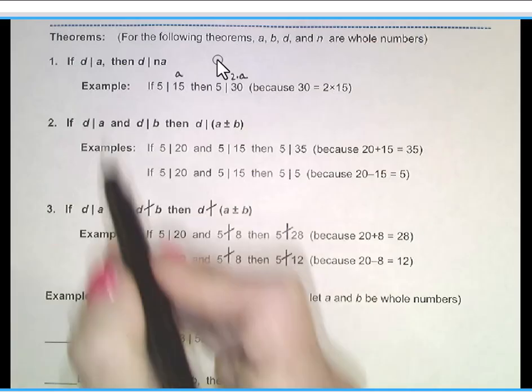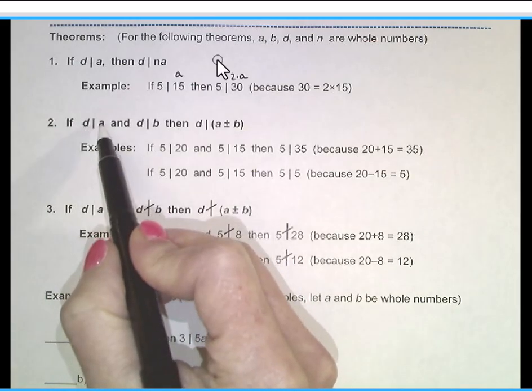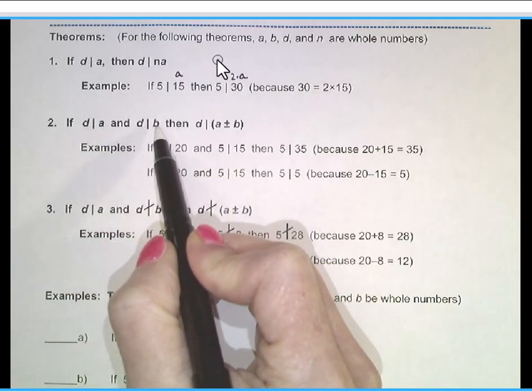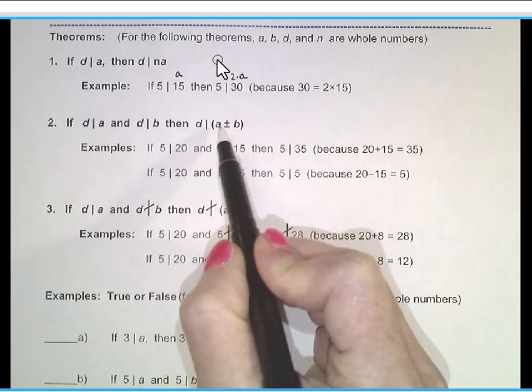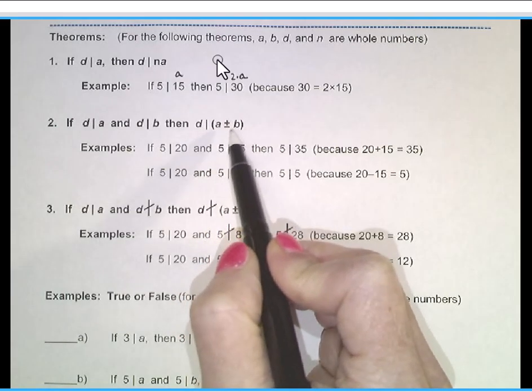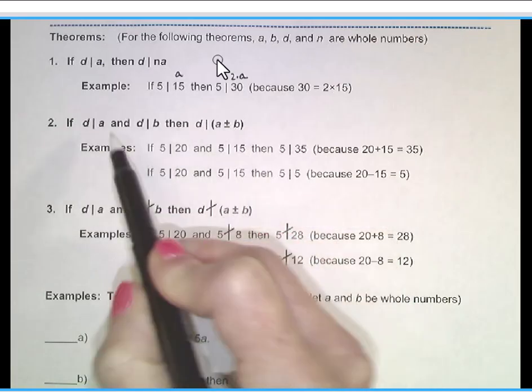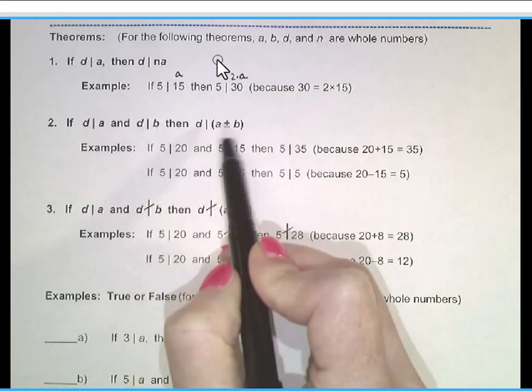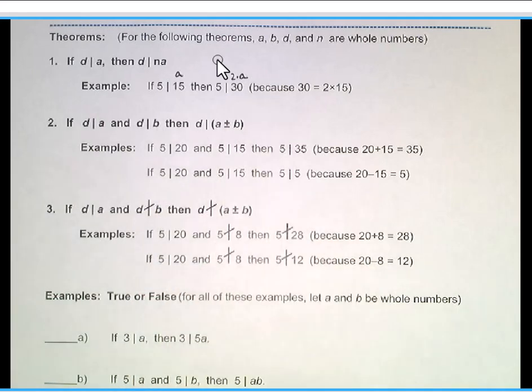Theorem 2 says if D divides A and D divides B, then automatically D will divide the sum of A and B or the difference of A and B. It's a given. If a number divides into A and a number divides into B, it will divide into their sum or difference.